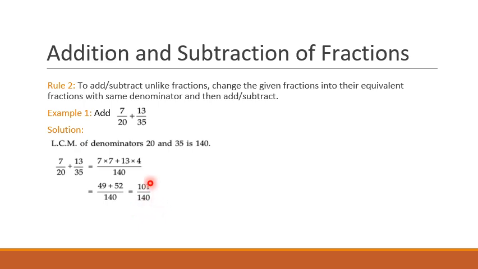Here 101 and 140 don't have any common factor, or I can say this fraction is in the lowest term. So this is my final answer. In this way we can perform the addition and subtraction of unlike fractions.